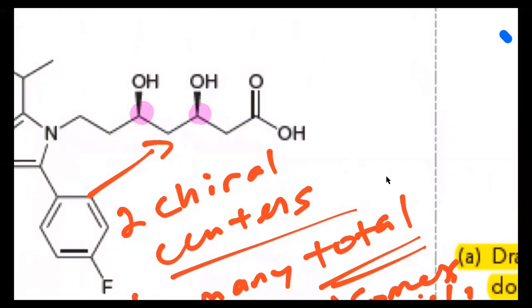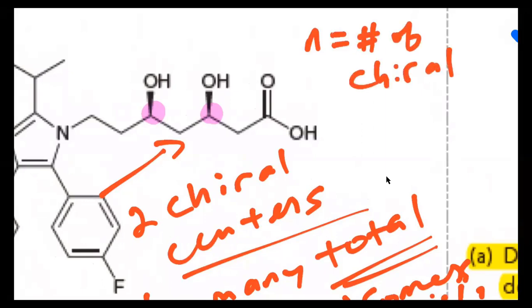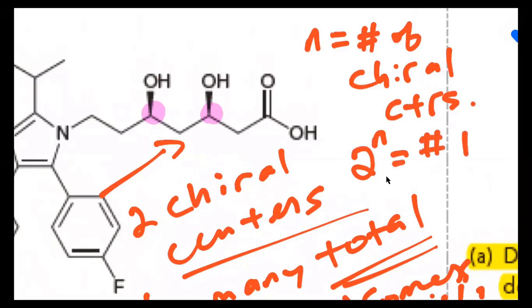We're going to call the number of chiral centers N. The way you figure out how many stereoisomers are possible is 2 to the N, the number of possible stereoisomers.